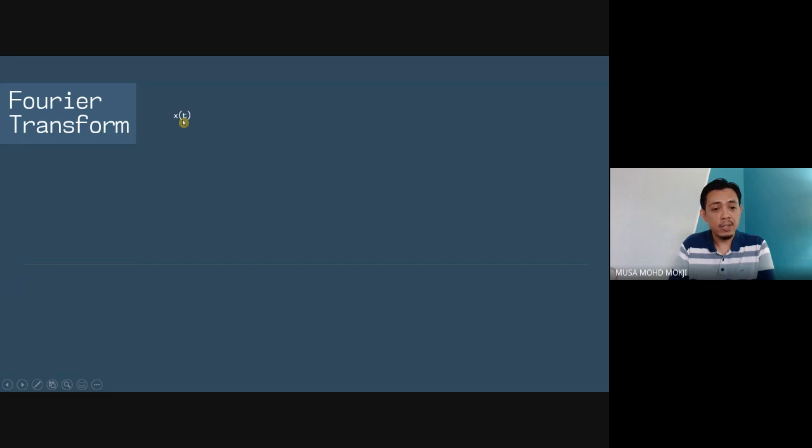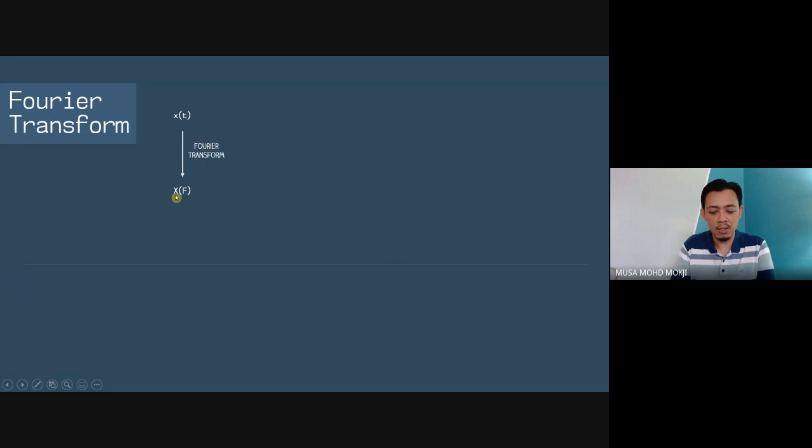If we have a continuous time signal, you can see the notation. This is x, small x, in the time domain, and we are using t. T means continuous time. If you do a Fourier transform, this is from previous courses, one of them is signals and systems, you will get a plot. This is a response, we call it a frequency response.